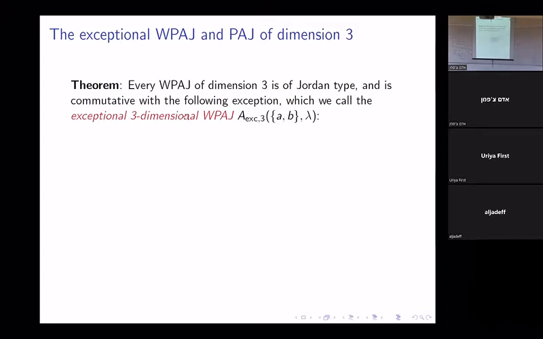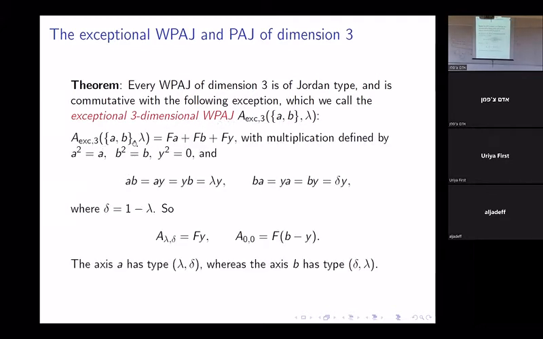There's one more important two-generated algebra, which we're going to call this. A squared equals a. B squared equals b. Y squared equals 0. And AB is lambda times y, which is a whole bunch of other products.